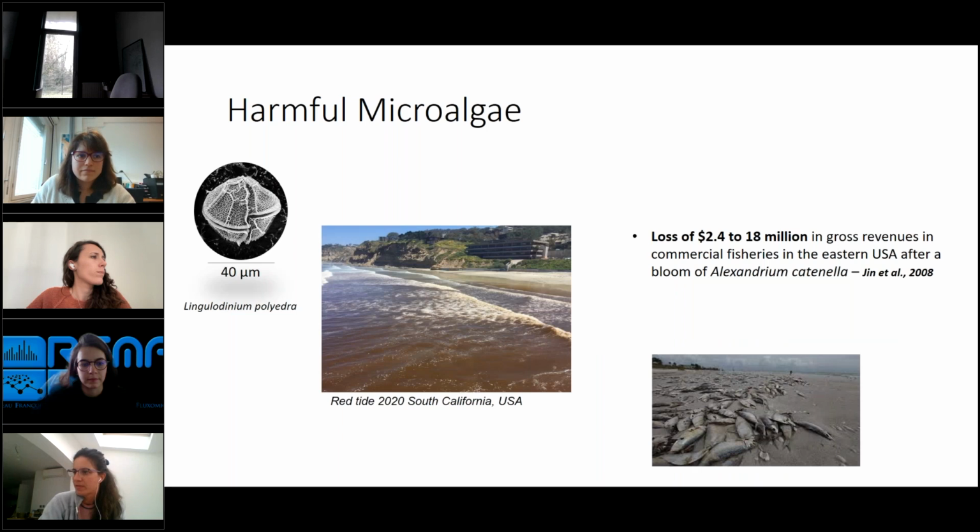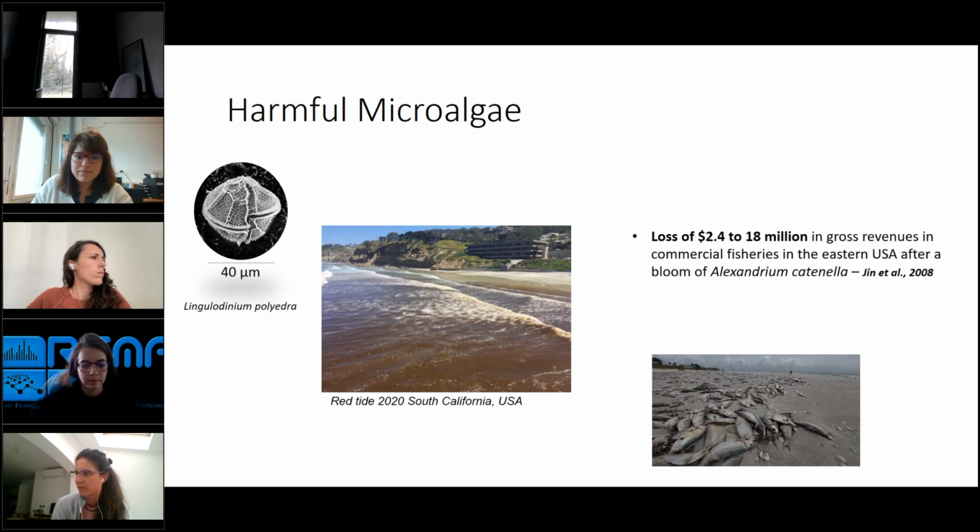But at the same time, these really dense proliferations are also a threat for the ecosystem, resulting in massive die-off of vertebrates and invertebrates. You can see on the picture, there is a massive die-off of fish that were washed up on the shore.